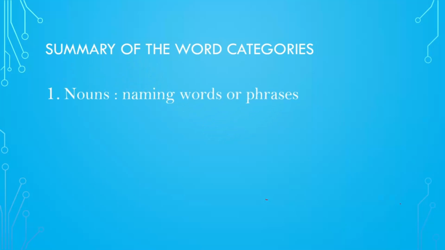So we start with nouns. Nouns are naming words or phrases. A noun is either a naming word or a group of words that is a phrase functioning as a name of something. So, for example, we can have a word like pen. That's a word. We can have a whole phrase like the cow shed.